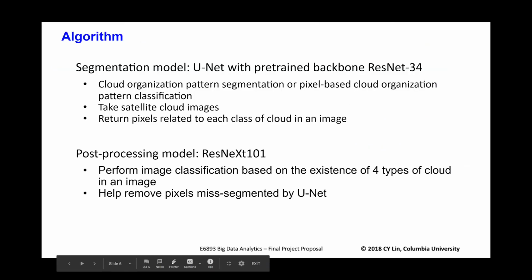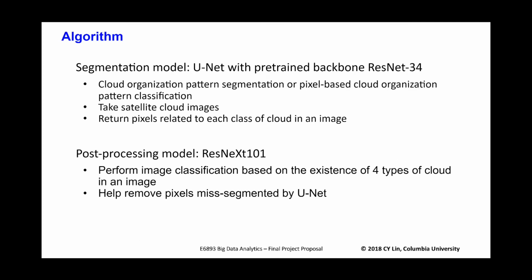Image segmentation is inherently a pixel-based classification task, and so the cloud organization pattern segmentation is pixel-based cloud organization pattern classification. UNet is one of the best models for image classification tasks, and we use the UNet with pre-trained backbone ResNet34.